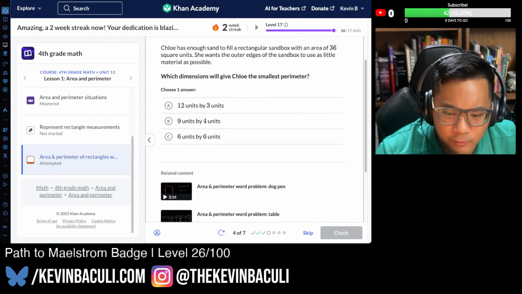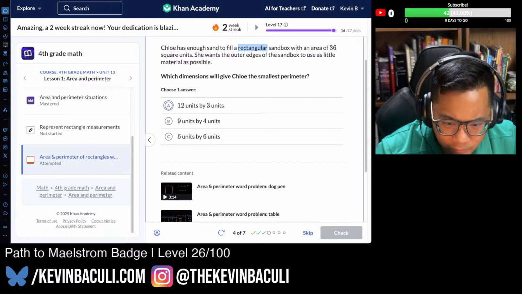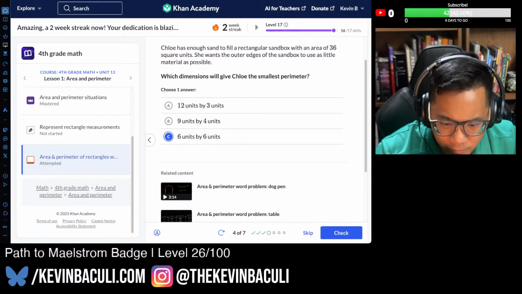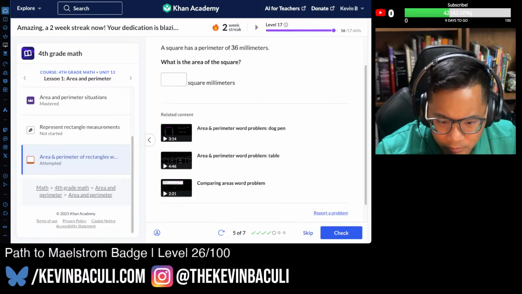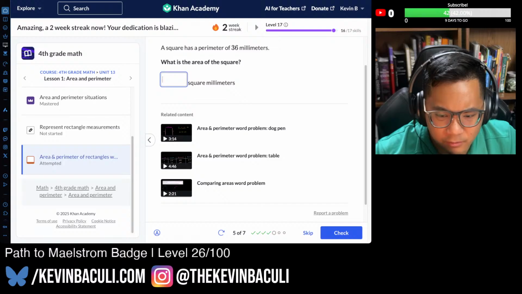Square has enough sand to fill a rectangular sandbox with an area of 36. She wants the outer edges of the sandbox to use as little material as possible. Smallest perimeter: 15, 30, 26, 24. This perimeter was area. Squares perimeter. It's 5 by 4, 9, 81.